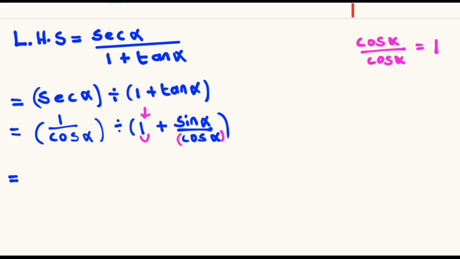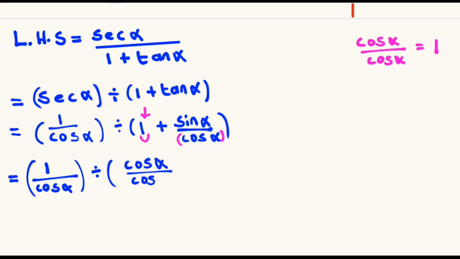And this will be equal to 1 divided by cos alpha, divided by the 1, which we express as cos alpha divided by cos alpha, plus sin alpha divided by the cos of alpha.